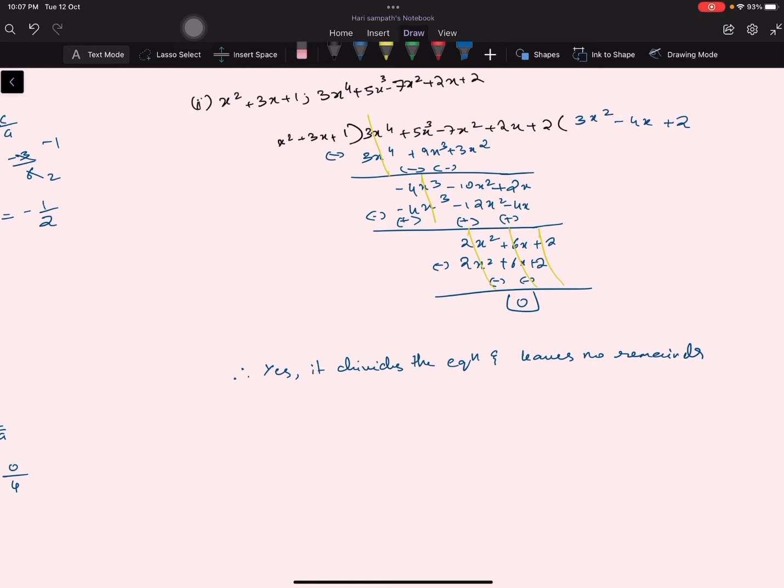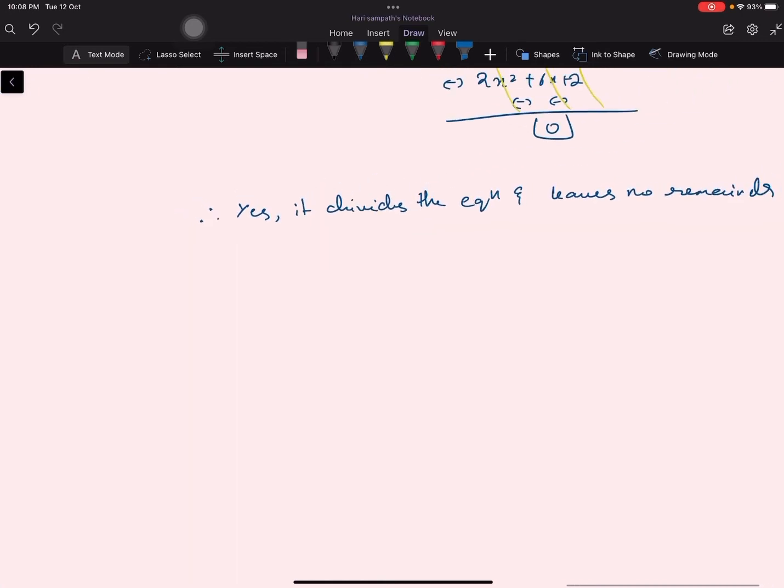The third question is as follows. In the third question we have x cube minus 3x plus 1 and x raised to the power of 5 minus 4x cube plus x square plus 3x plus 1.